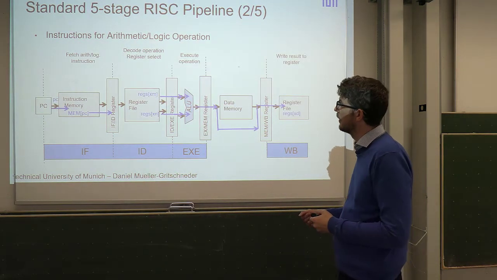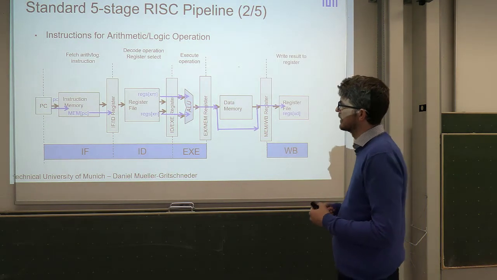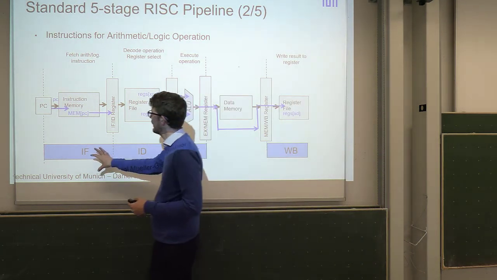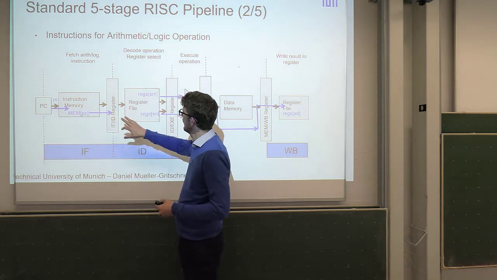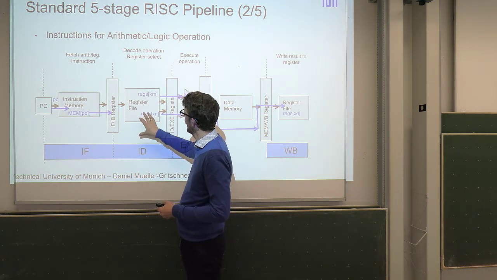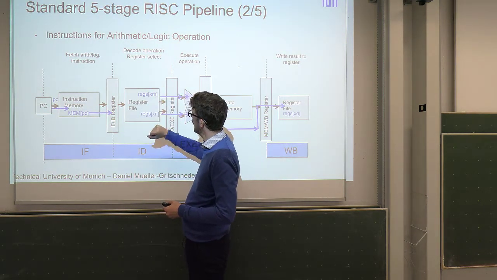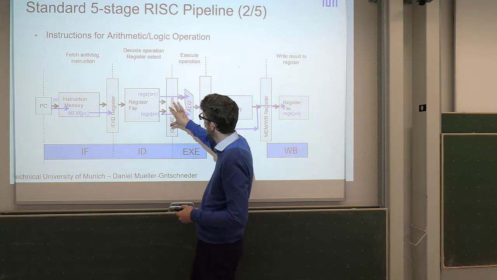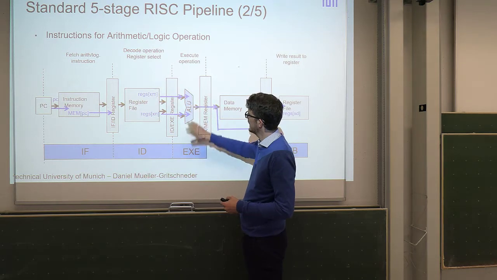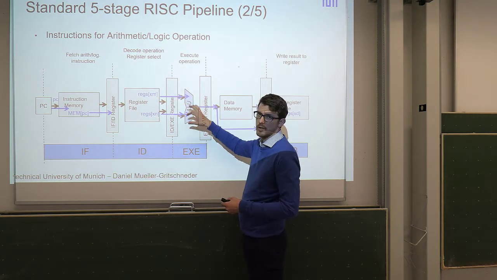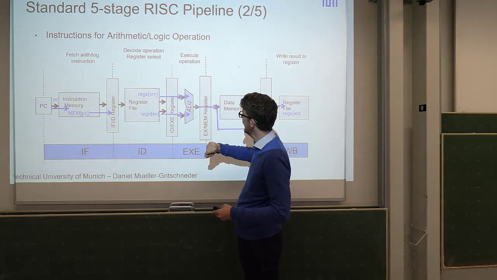So let's start with an arithmetic logic instruction, right? Instruction fetch is easy. You have the PC, you're loading the instruction. Then, of course, you do the decoding, you find out, okay, these are my 2 operand registers I have to read, so you're forwarding these 2 operands to the ALU in the execute stage, and you do the operation like add, sub, or whatever, right?